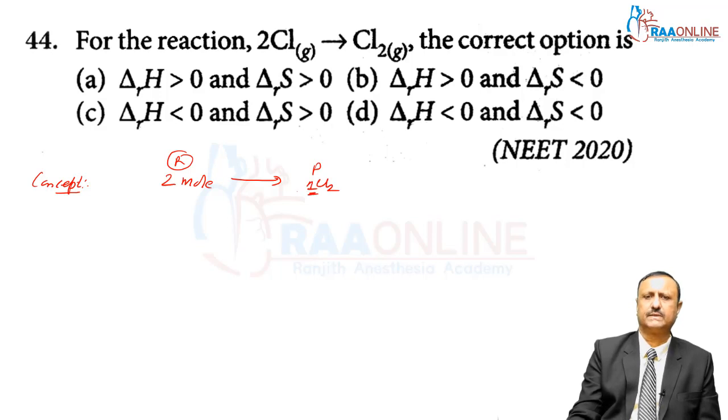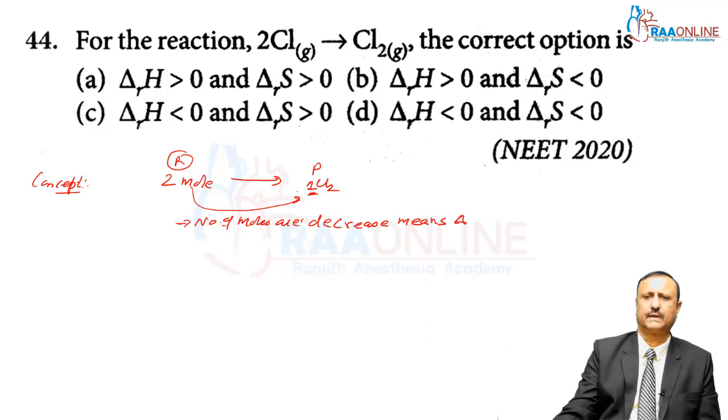So, the number of moles decreases, which means delta S decreases. So, delta S is less than 0.